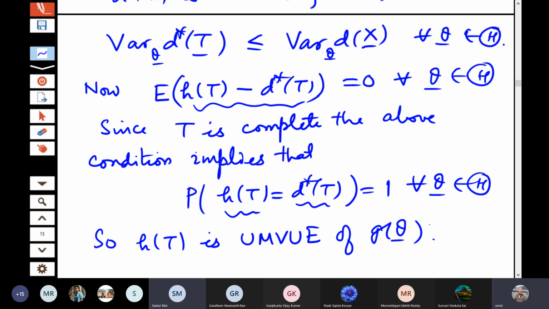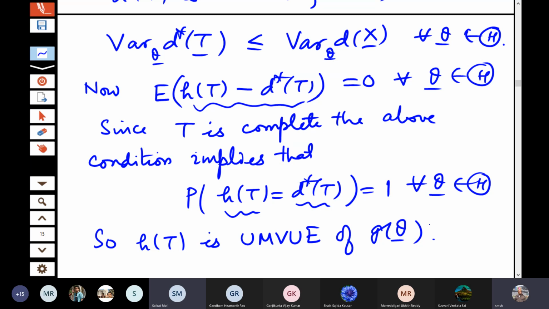By the Rao-Blackwell-Lehmann-Scheffé theorem, it will automatically become the uniformly minimum variance unbiased estimator. So is the theorem clear, the statement and the proof? Yes.